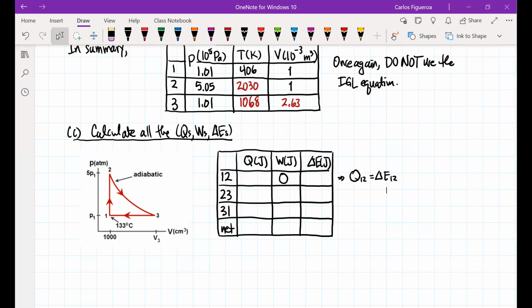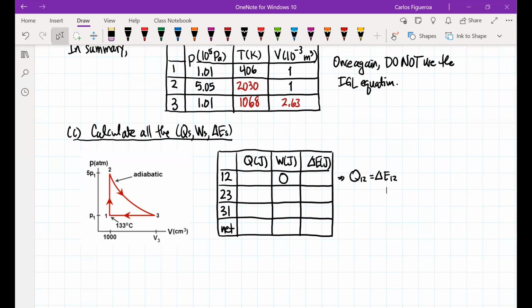So the value that I get is 1 joule. So is that 0? Well, absolutely. The reason why I even get 1 instead of 0 is due to rounding errors. So yeah, that perfectly matches up.